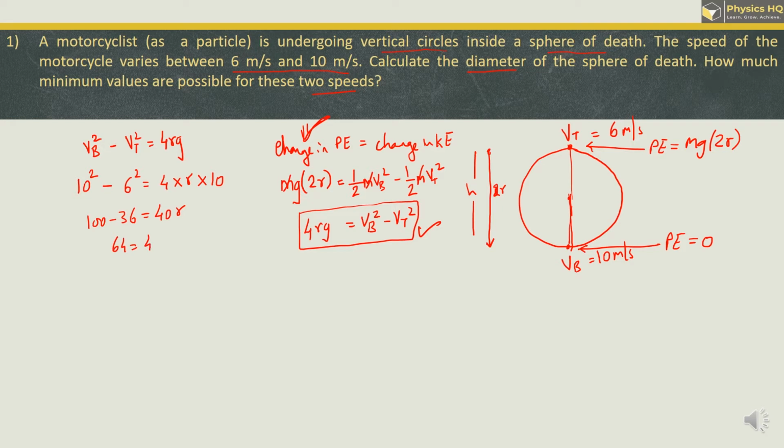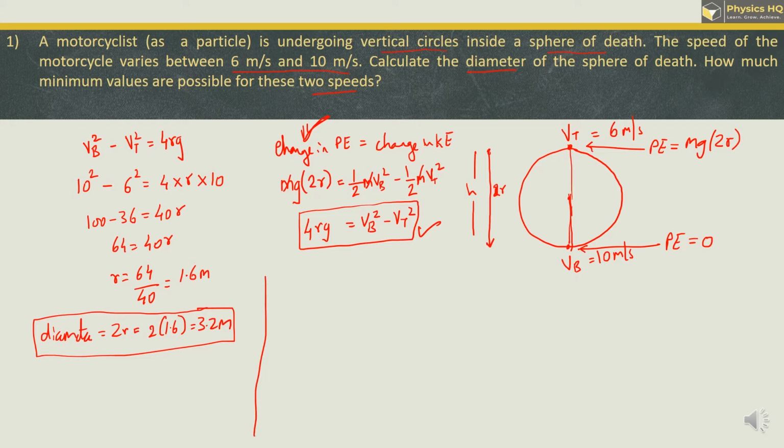So 64 is equal to 40r, or you can say r is equal to 64 by 40. When we divide this, you should get 1.6 meter. Okay, so we got the radius. Diameter is twice the radius, so 2 into 1.6 will be 3.2 meter. So we got the first answer.